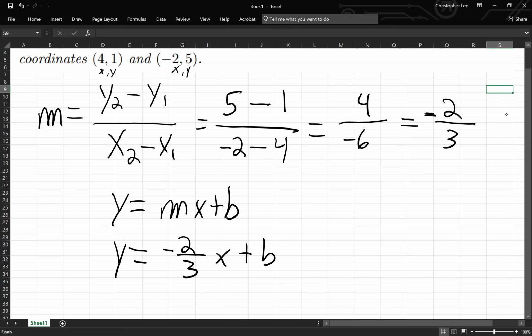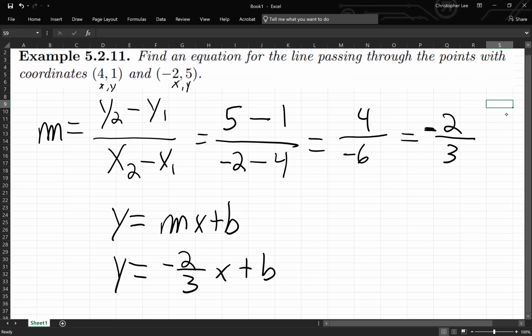Now, how do I figure out what b is? It's also on your formula sheet, a whole example worked out.